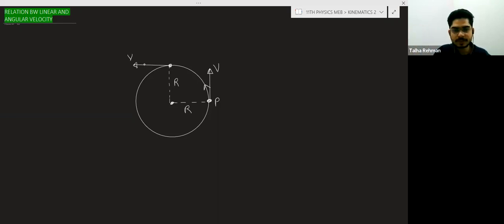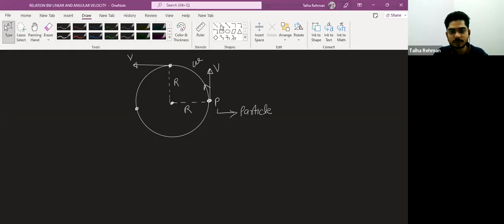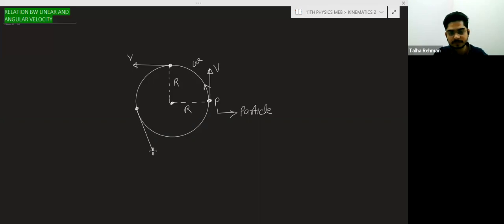So this particle P is moving in a circular path with an angular velocity of omega. For the linear speed, you have to draw a tangent at this point. If you want to calculate the linear speed of this particle at this point, and the particle is moving in anti-clockwise direction like this, then along the sense of the direction of motion you will draw the tangent like this.